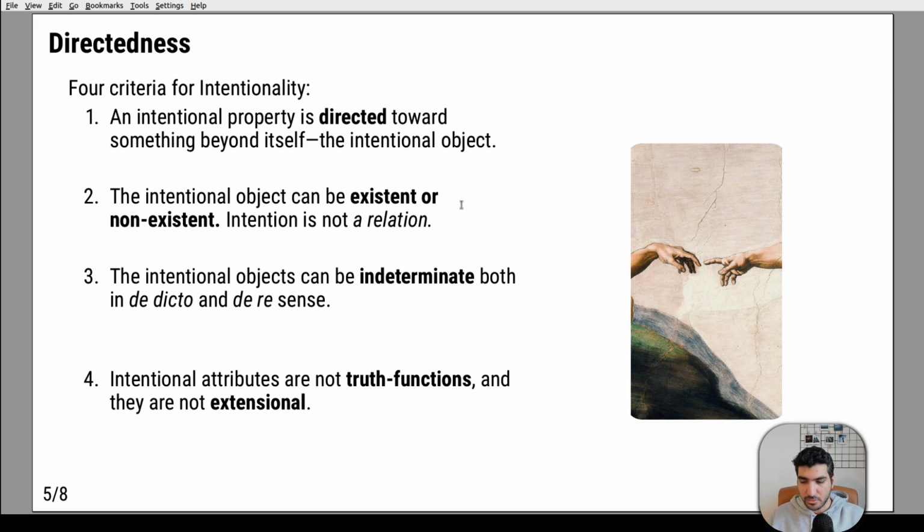Now, a dicto indeterminacy means that there is an indeterminacy in what you describe. So when you say that, yeah, I'm expecting a call very soon, you're not giving me exact detail. You might know exactly at one time they're going to call you, but you just don't provide that kind of information. You just say, yeah, they're going to call me soon. But soon is indeterminate.